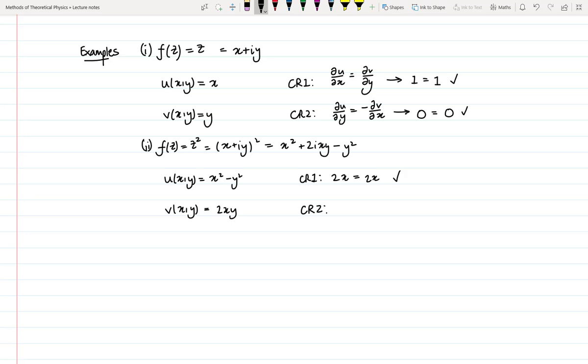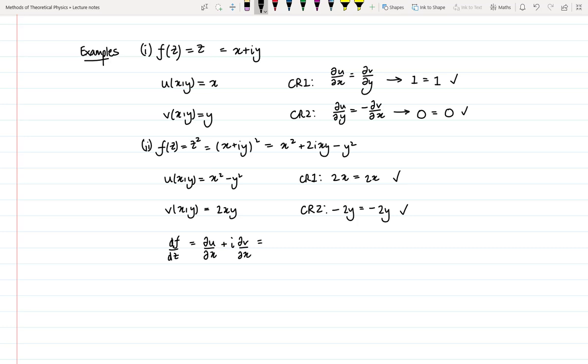And the second Cauchy-Riemann condition, we need du by dy, which is minus 2y, and then we need that to be minus dv by dx, which is 2y. So that also holds. Now what is the complex derivative of z squared? Well, we know that if we pick an approach where delta y is 0, then we can write this as du by dx plus i dv by dx.